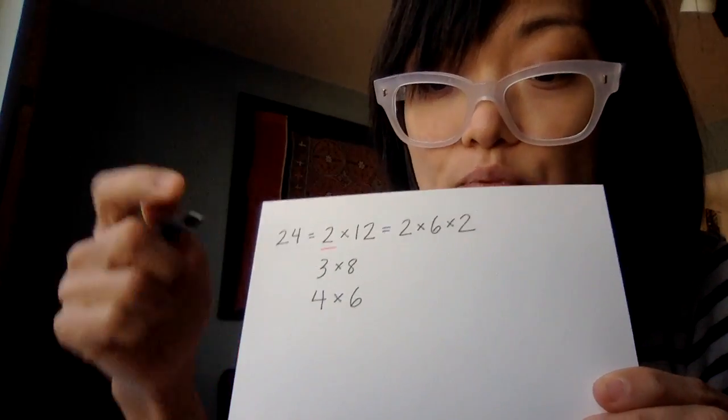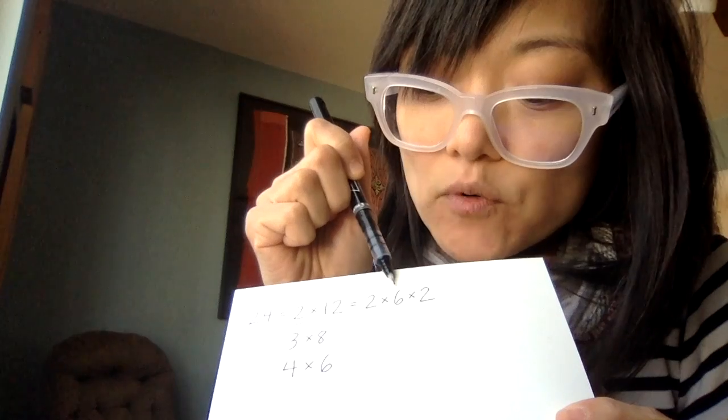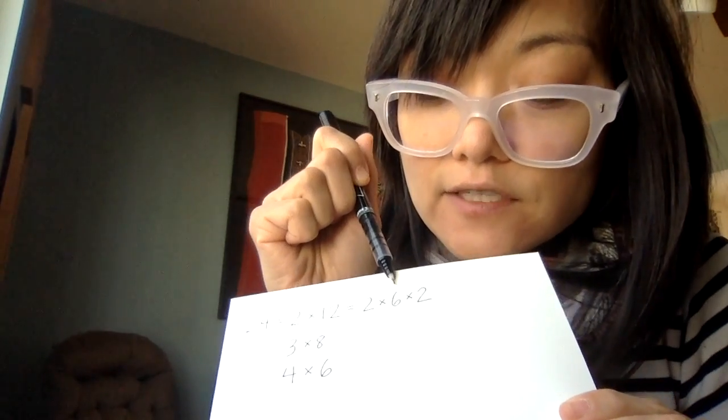So let's write that. 2 times 12, when we break it down, we have 2 times 6 times 2. But we can break down this number even more, right? The factors of 6 are 3 times 2. So we're going to write down 2 times 3 times 2 times 2.